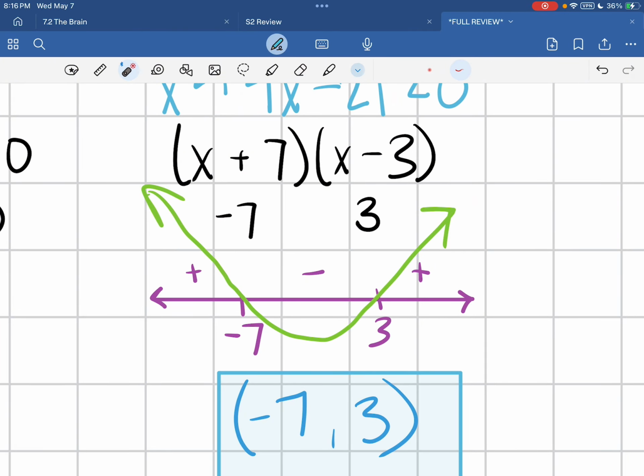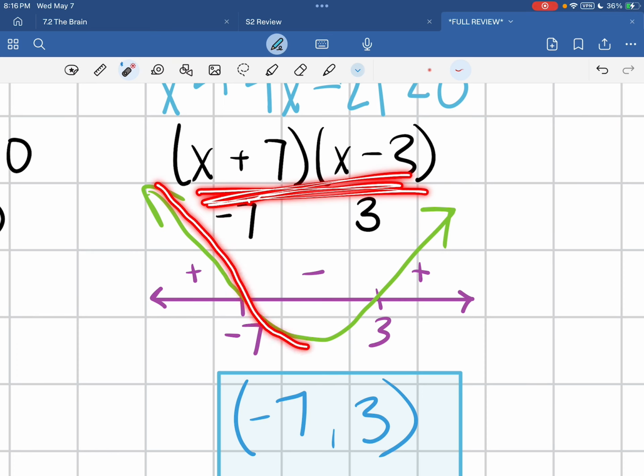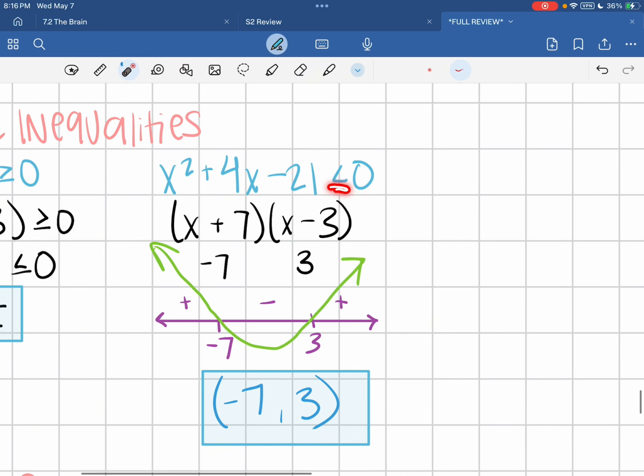And since these are multiplicity 1, which means they have to cross, this will cross here and cross here, meaning positive, negative, positive. Since we're asking when it's less than 0, we're looking at all of the negatives. So from negative 7 to 3, and it's parentheses because it does not include when it's equal to 0.